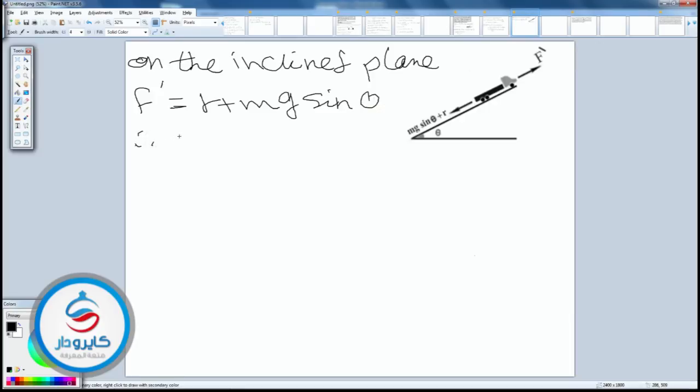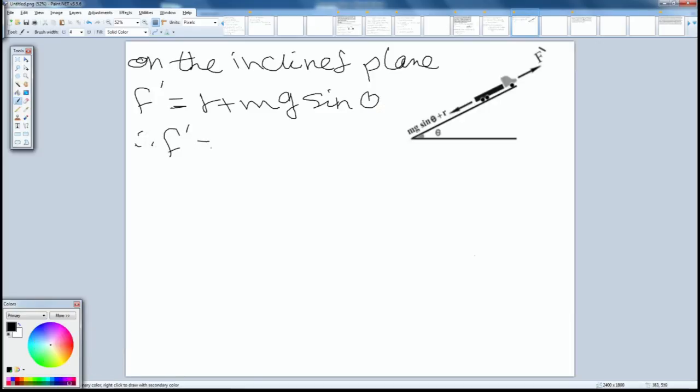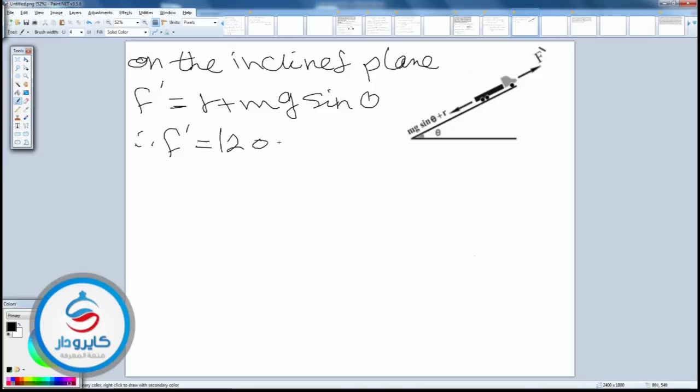Therefore, F dash equals 120 plus 4000 by 1/20 equals 320 kilogram dot weight.